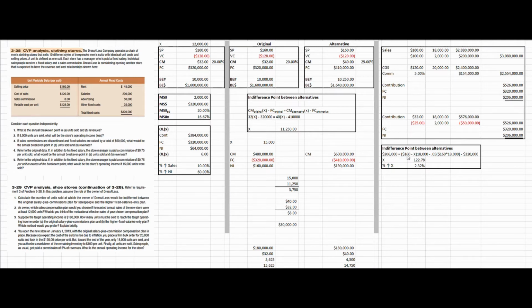So if I take my normal sales price of $160, minus my unknown cost for the shoes, multiply it by the 18,000 shoes that I would actually buy, because that's what my actual demand was, and then also calculate what my sales commission was going to be, and then subtract out my fixed cost, and I solve for X.